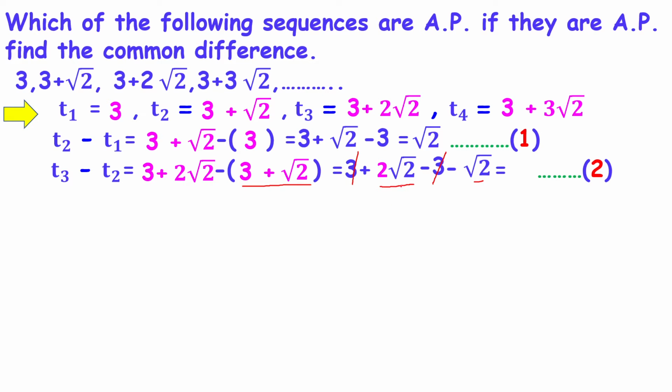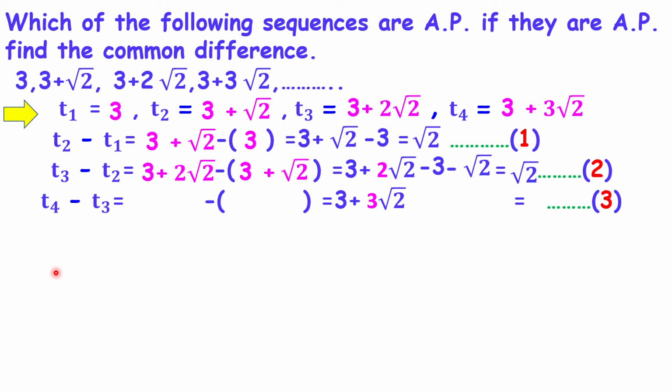These two terms have opposite sign, therefore we have to take subtraction between these two like surds. How to take subtraction between like surds? We take subtraction of their coefficients. The coefficient of the first surd is 2 and the second surd is 1. Therefore 2 minus 1 is 1. That means root 2.